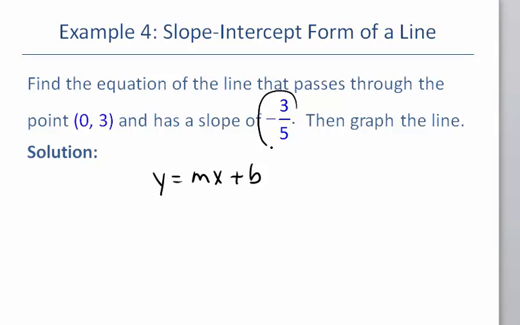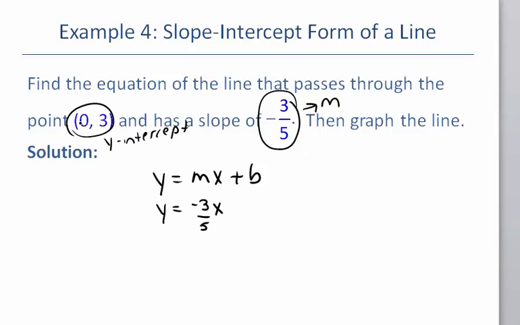We do have the slope, so I can plug in a negative 3/5 for the m. And this point is our y-intercept. I know that because I can see that the x value is 0. So I know that my b value will be 3. So this is the equation of the line that we want to graph.